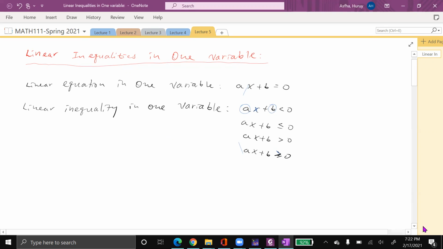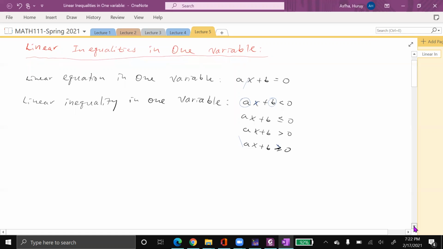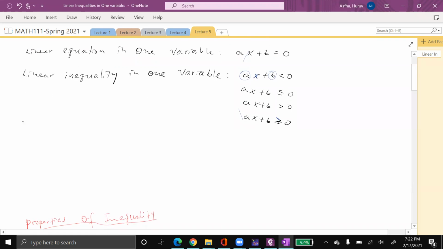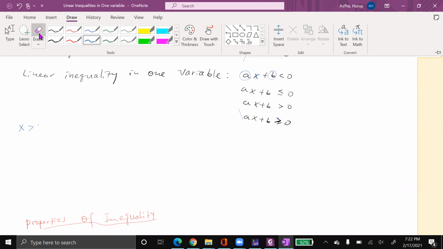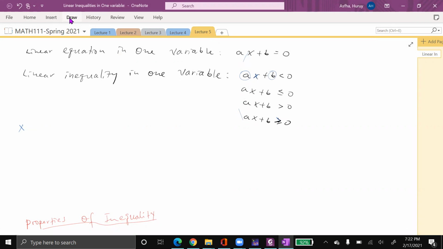So let me give you an example to show you what I mean by this. Let me start with the equation. If we have x equals 1, for example, on the number line, if I draw a number line here, let's say 0, 1, 2, and so on, and on this side we have the negative numbers.